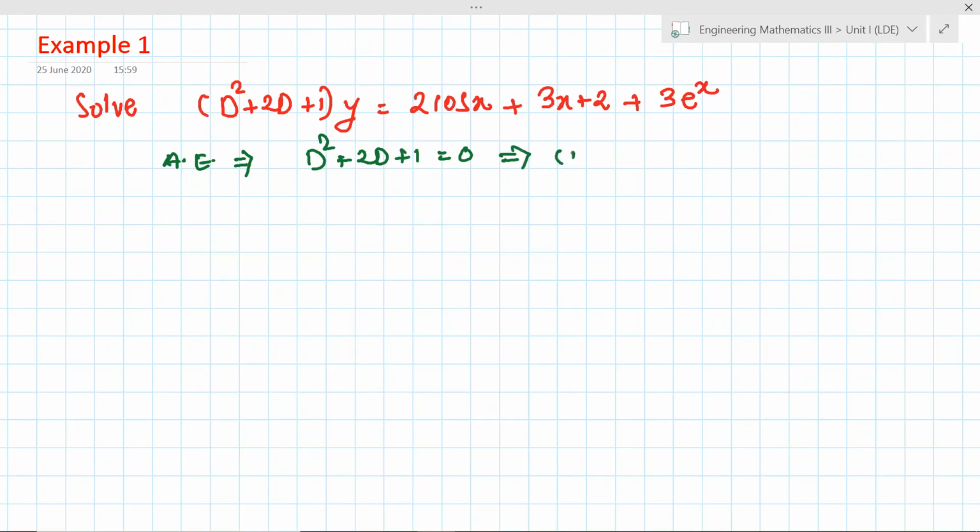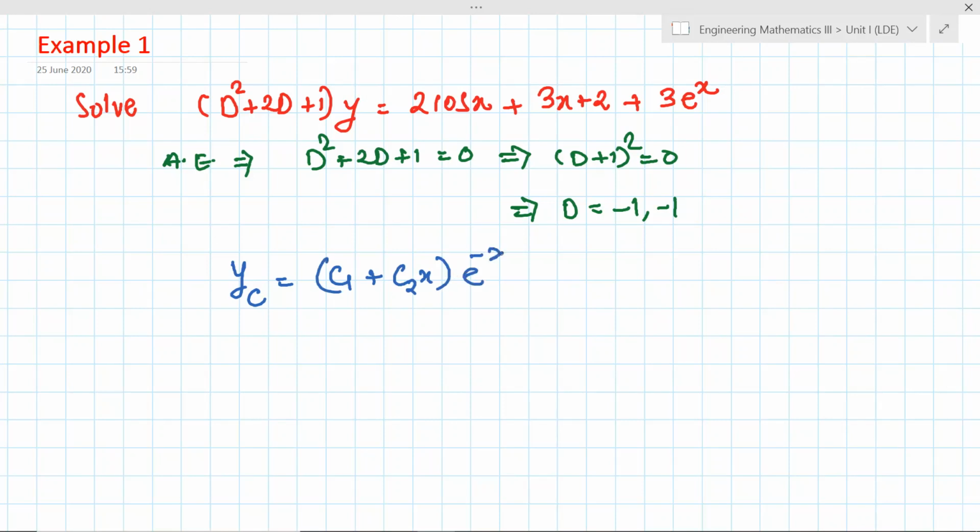This is a simple expansion of (D plus 1) whole square equals 0. Therefore D is minus 1, minus 1. So we have repeated real roots, and the complementary function is (c1 plus c2 x) e raised to minus x.